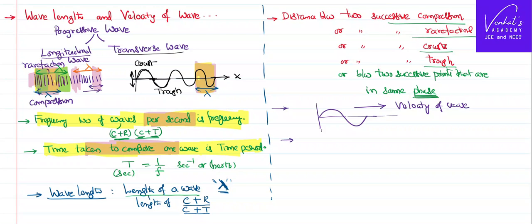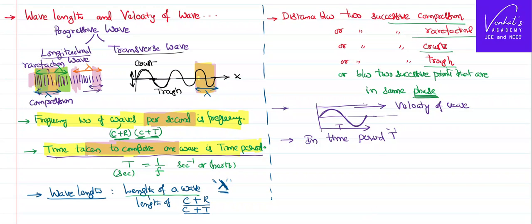So we have just now found that in time period t seconds, what is time period? As I told you, it is the time taken to complete one oscillation. In time period t, one oscillation is completed, which means one wave is completed. To complete this one wave, the time taken is t.